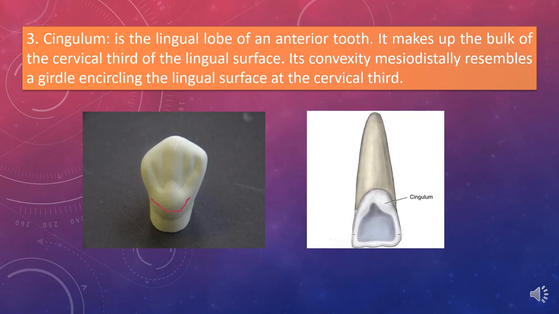سينجولم هي anatomical landmark نشوفها بال anterior teeth only. It is the lingual lobe of anterior teeth، راح تكون بال lingual side of the anterior teeth. It makes up the bulk of the cervical third of the lingual surface. مثل ما ذكرنا بالمحاضرة السابقة من قسمنا tooth into thirds، هي موجودة بال cervical third of the tooth.